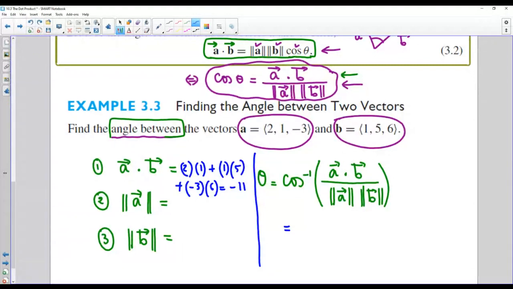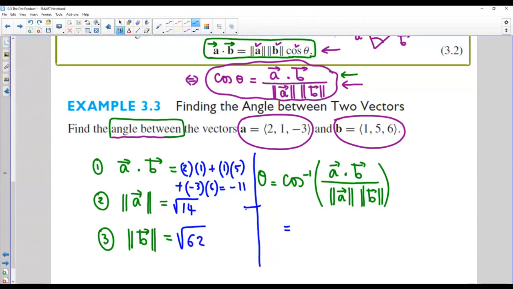Now I want the magnitude of A. I'm just going to give you the answer here. It's 2 squared plus 1 squared plus, I think it's square root of 14 again. This magnitude comes back quite a lot. And the magnitude of B is the square root of 25 plus 36 plus 1.